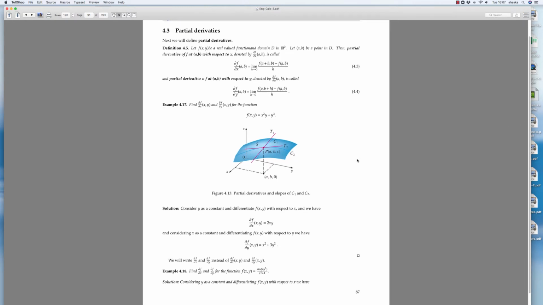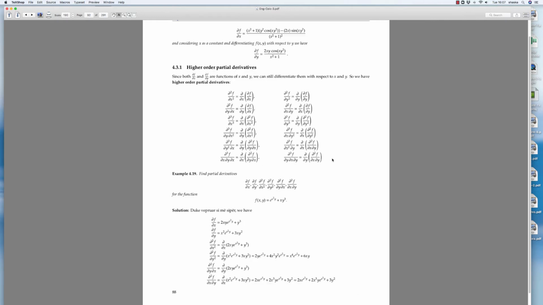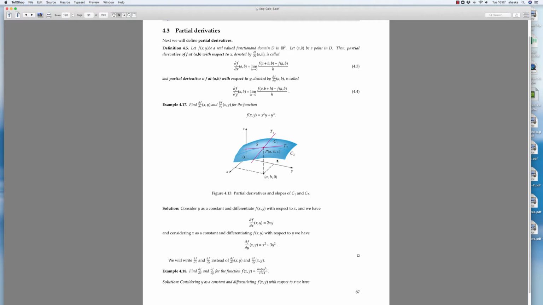I would like to talk a little bit about what these things actually mean, and I'll come back to this one more time in this lecture. When I was talking about the partial with respect to x, you're letting the variable x move, but y is considered a constant.